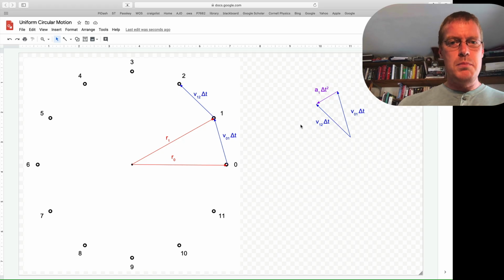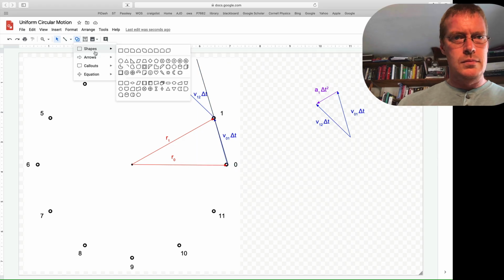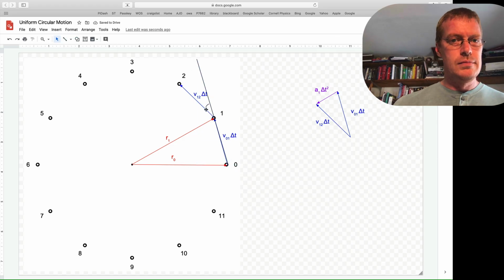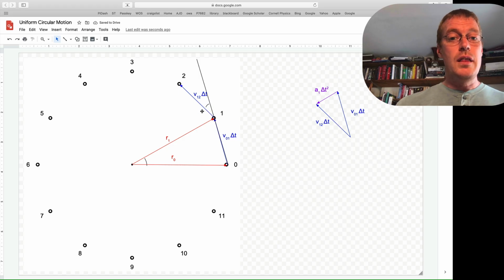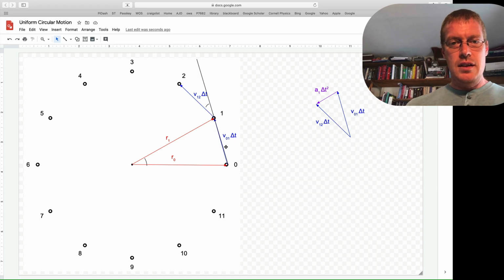Now I'm going to show you some magic. If I look at this angle up here and compare it with that angle down there, those angles should be the same. The argument is that the relationship between this vector and this vector, this angle here, is the same as that angle there.